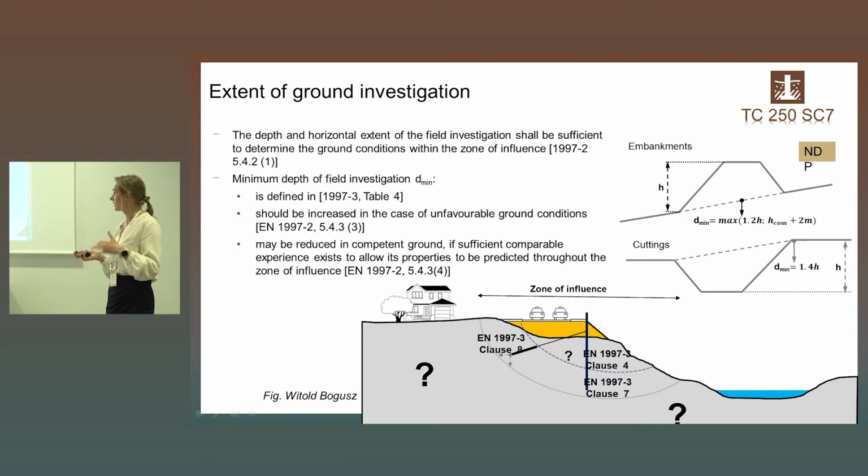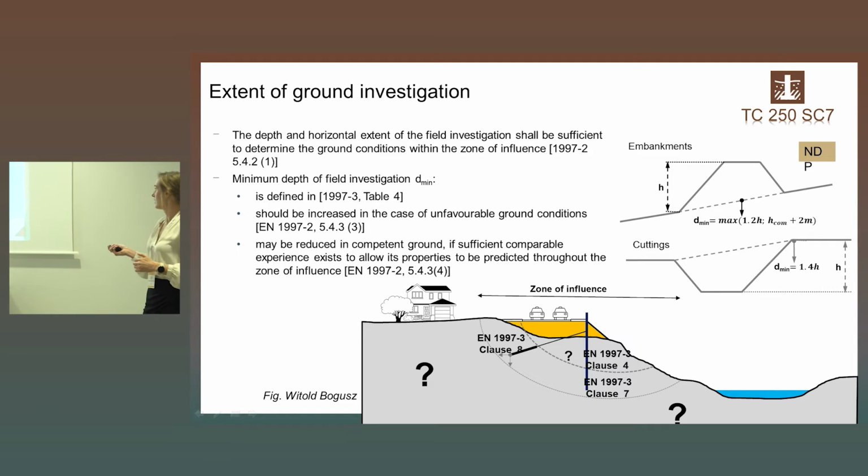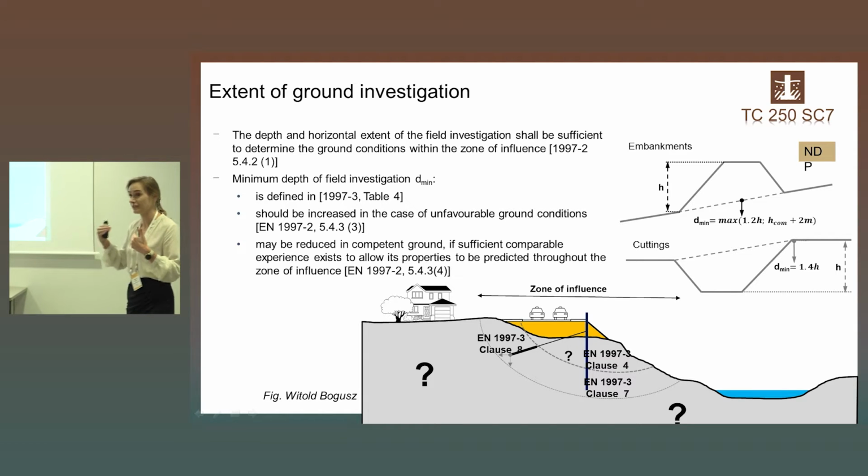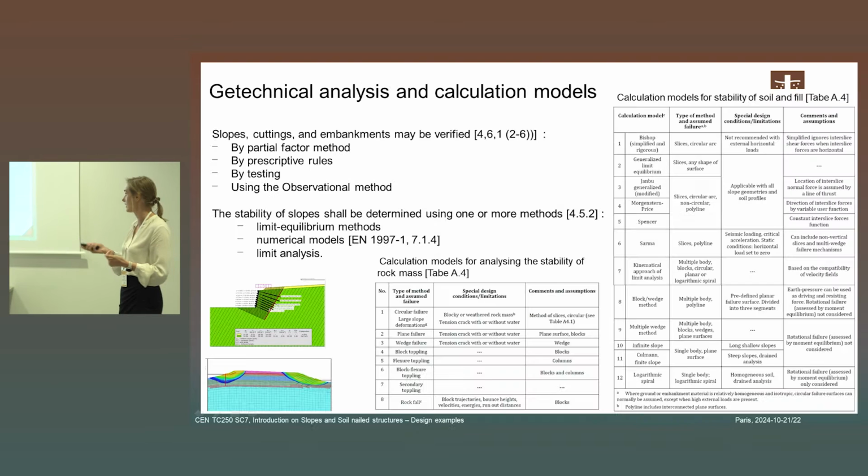But what's important, and I would like simply to remind it, in the case of more complex structures, we shall check those values for every individual one of these substructures. But at the very end, we shall have in mind that what we have to cover in field investigation is not this number, but the zone of influence. So this is the crucial thing, and there was a great session yesterday by Håkan on this aspect.